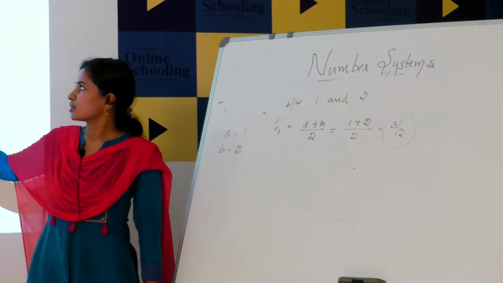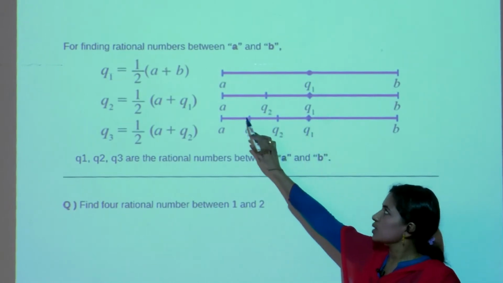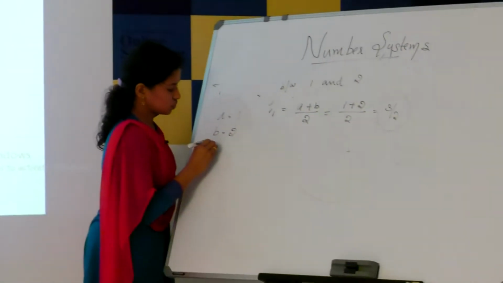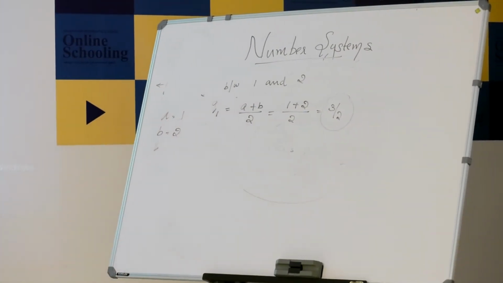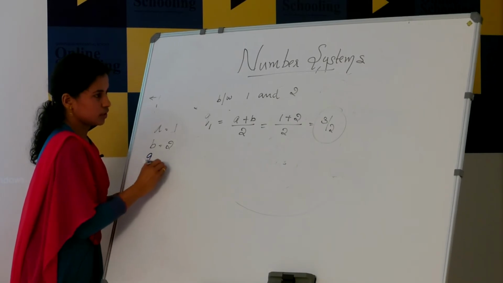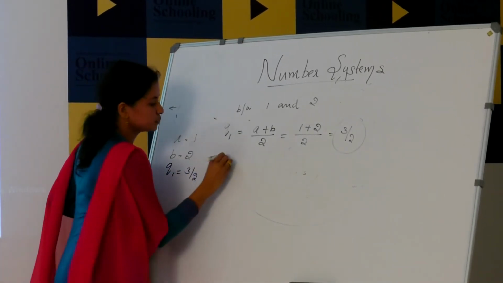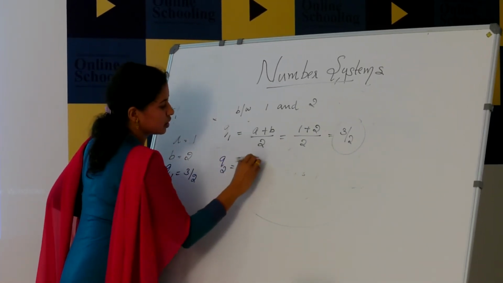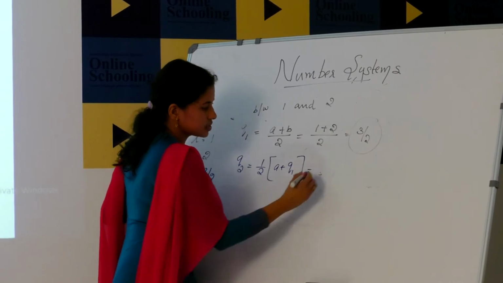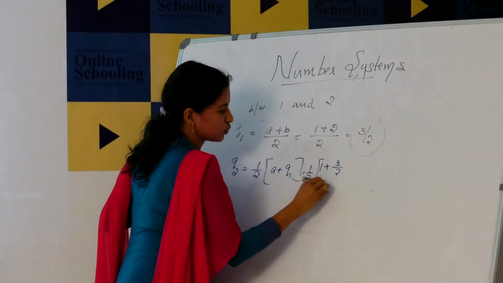Then what about the second rational number? So here is 1 and here is 2, and Q1 we get as 3 by 2. Next I take A and Q1. Q1 is equal to 3 by 2. Next I take Q2 is equal to half into A plus Q1, that is 1 plus 3 by 2, into 1 by 2.